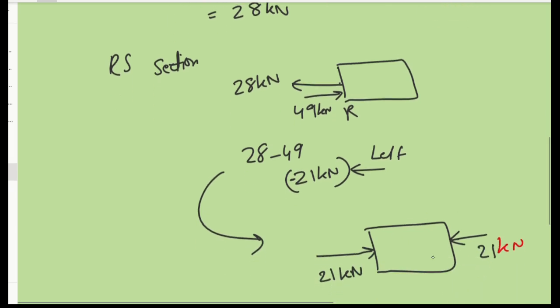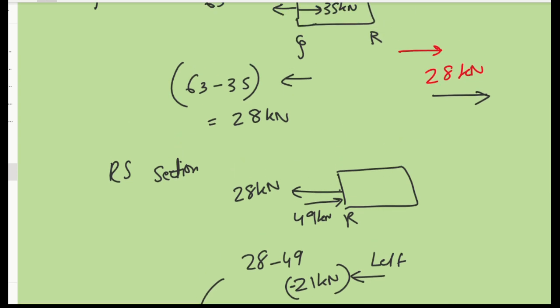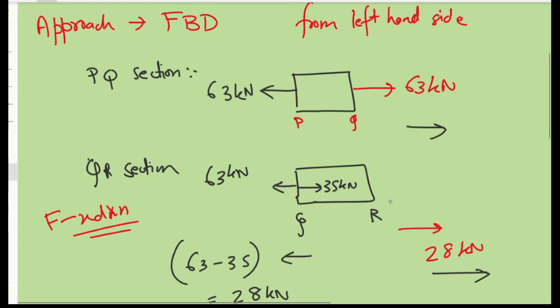So we can see our FBD is a balanced FBD. It will never violate our equilibrium condition, which is that forces acting in a particular direction, if in the x direction, should always balance.